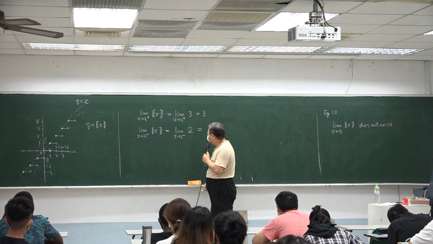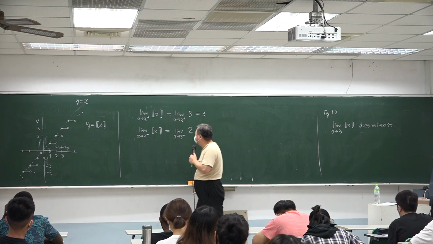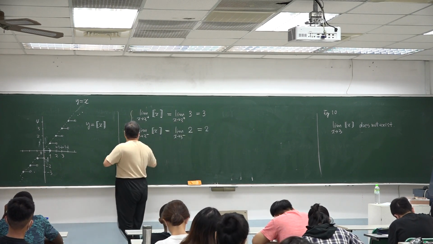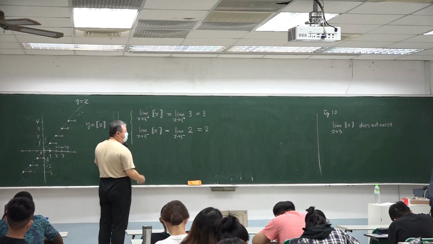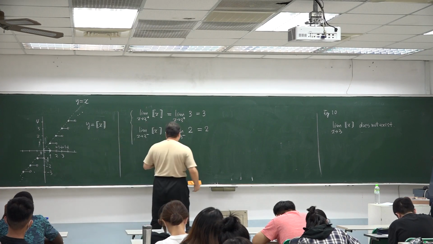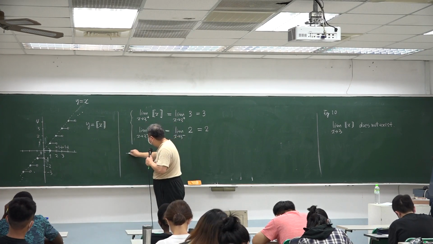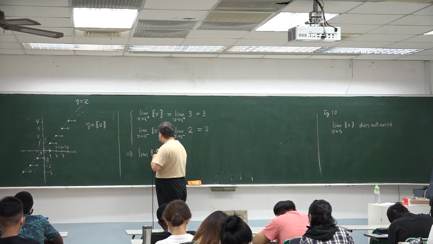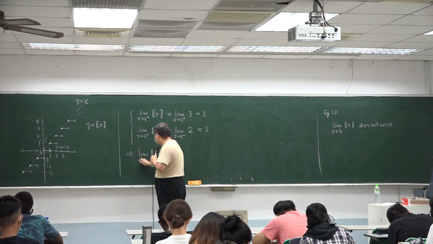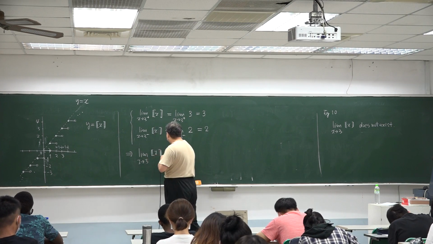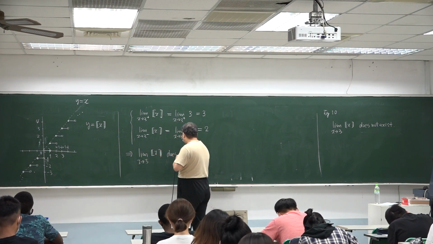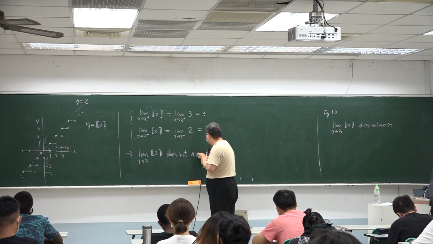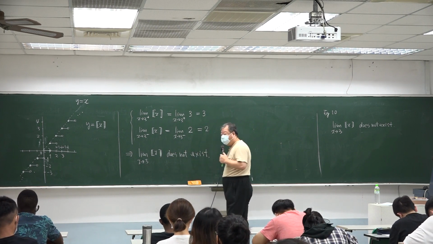By the direct substitution rule, this is 2. Since the values of these two one-sided limits are different, we conclude the limit of the greatest integer of x as x approaches 3 does not exist. Okay?